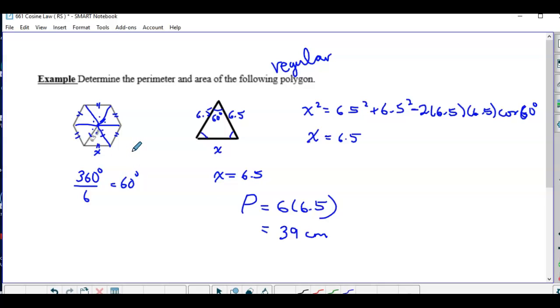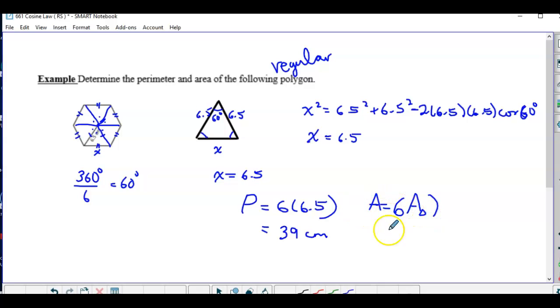Now area. That's going to need a little bit of calculation. One thing that we can do, all of these triangles are the same. So the area is 6 times the area of one of the triangles.